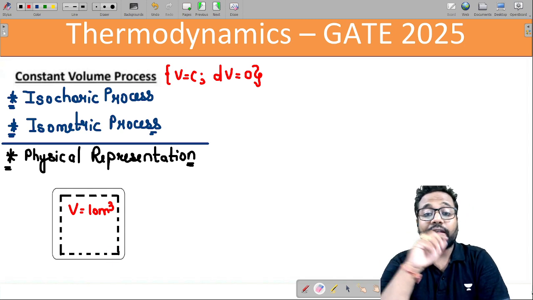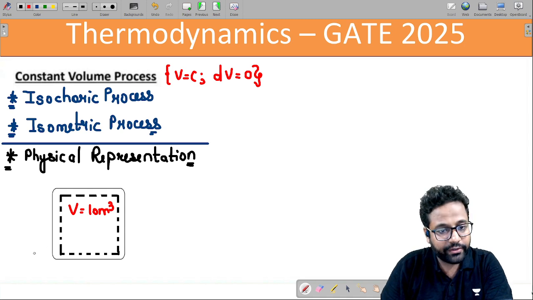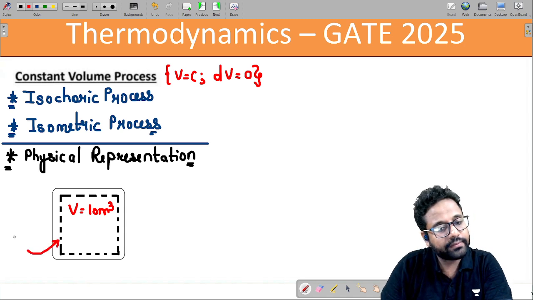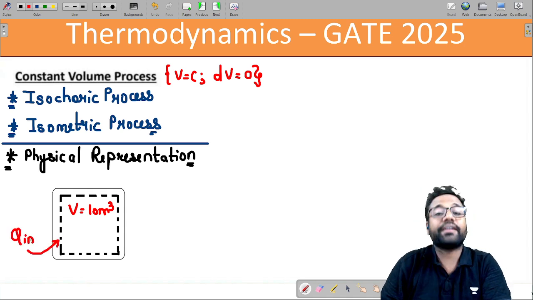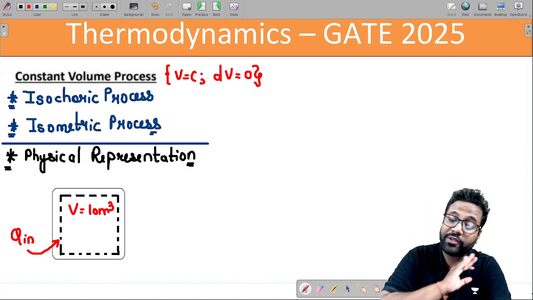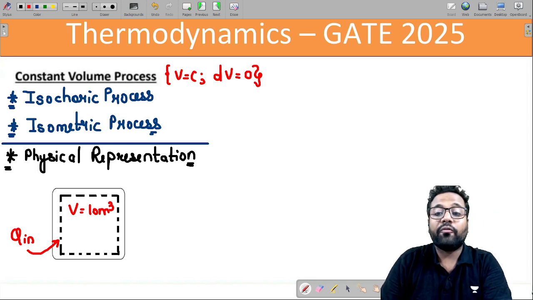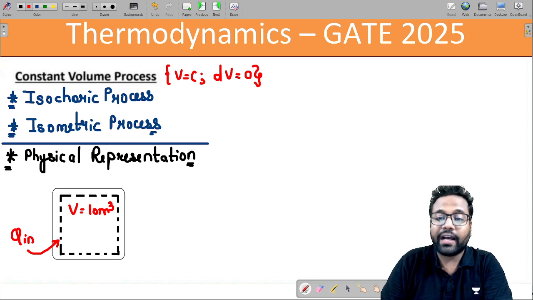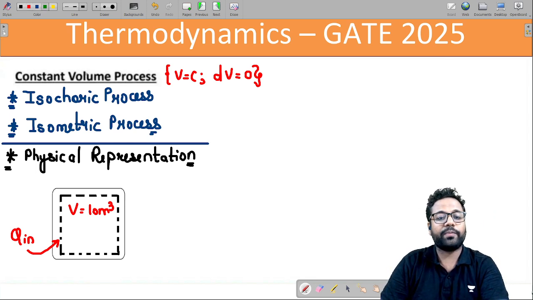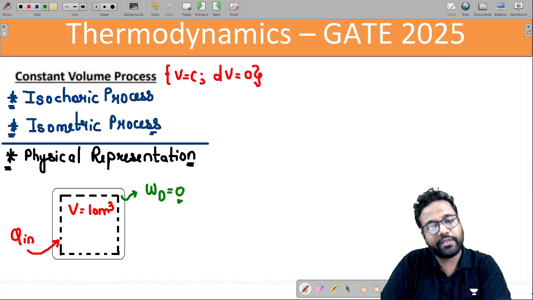So बच्चा लोग, if you are having a rigid container and now you are supplying the heat, the gas cannot expand, and when the gas cannot expand, you can never have the displacement work. So for any gas undergoing an isochoric process, the displacement work will be equal to 0.